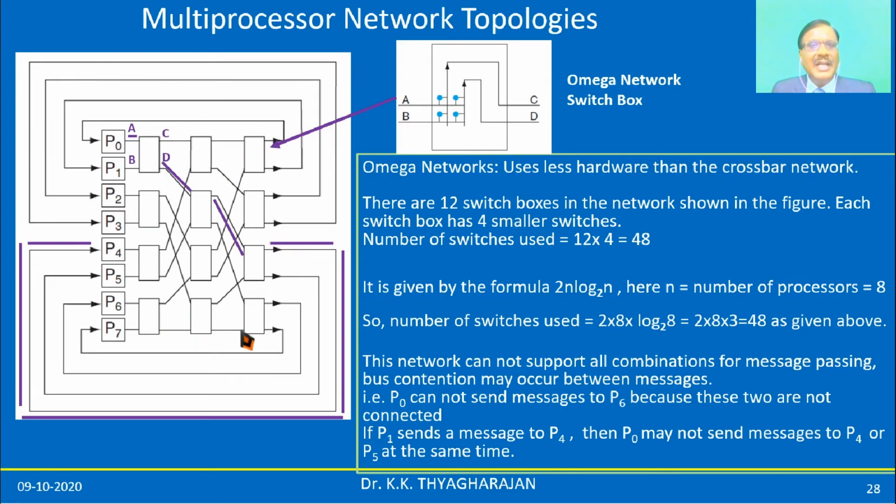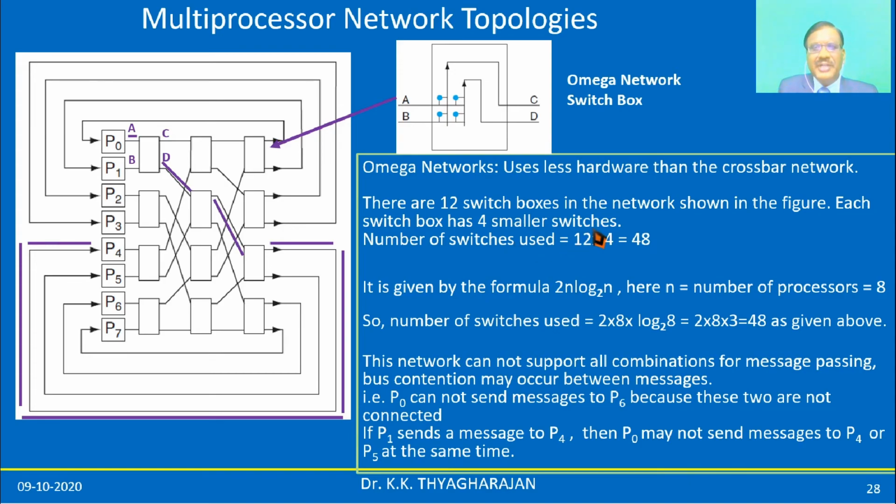But the main advantage here is the number of switches required will be less. For example, here 3 into 4, there are 12 switch boxes shown here, and each switch box has 4 switches. So 12 into 4, 48 switches are used in this network.